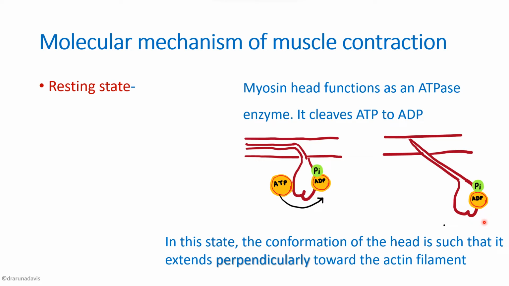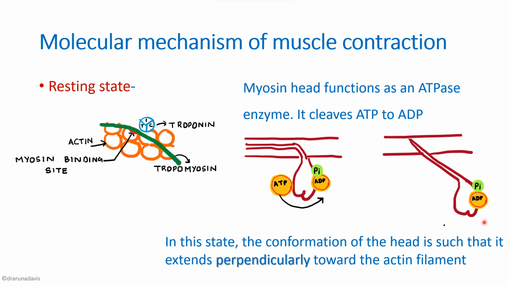But still it will not be able to bind onto the actin. Why? Because in the resting state, the myosin binding sites of the actin are covered by tropomyosin, which blocks all the myosin binding sites. So in the resting state, even an activated myosin head will not be able to bind onto actin. This is the resting state of a muscle.